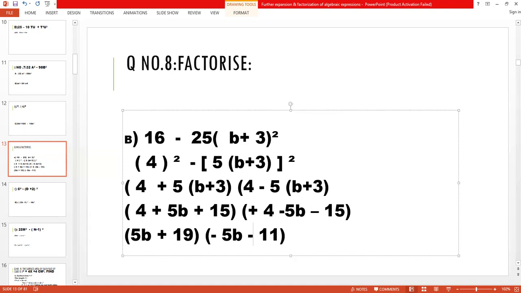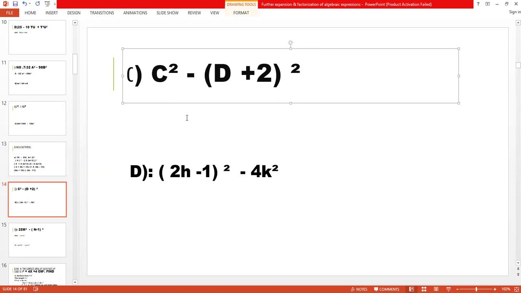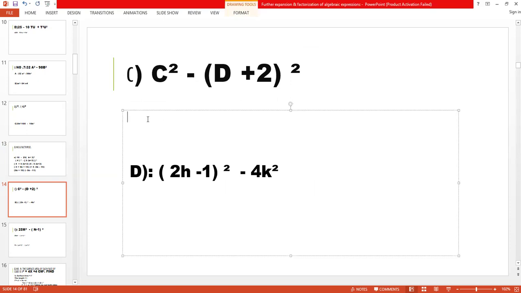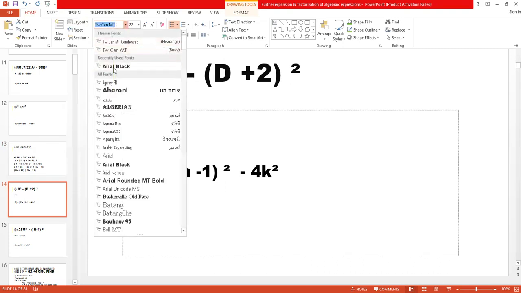Now we come to the next part of question number 8. That is part C. Again, the first term square minus second term square. So this one is the third identity. And how do we solve the third identity? First, we have to identify that these are the squares of which variable or which number. Okay. So C square is the square of C. Just change the font size.